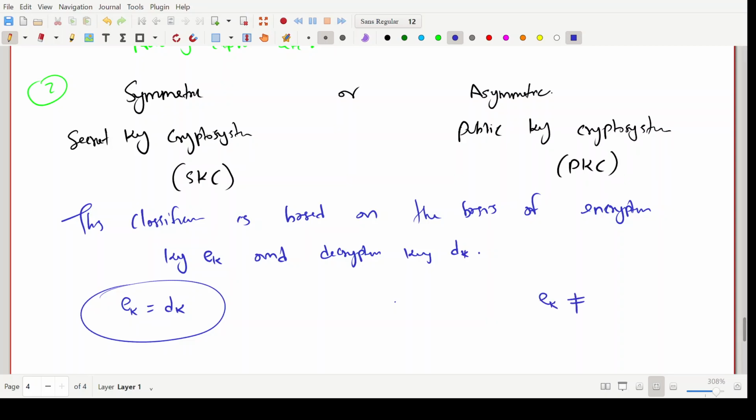There will be a different key for encryption and a different key for decryption.